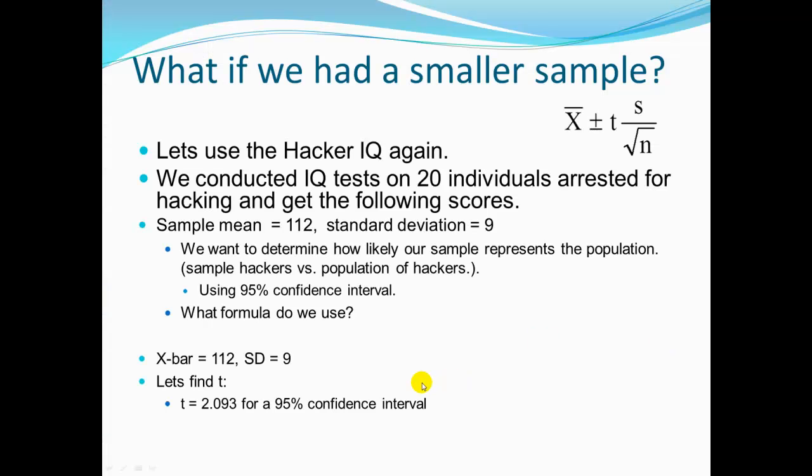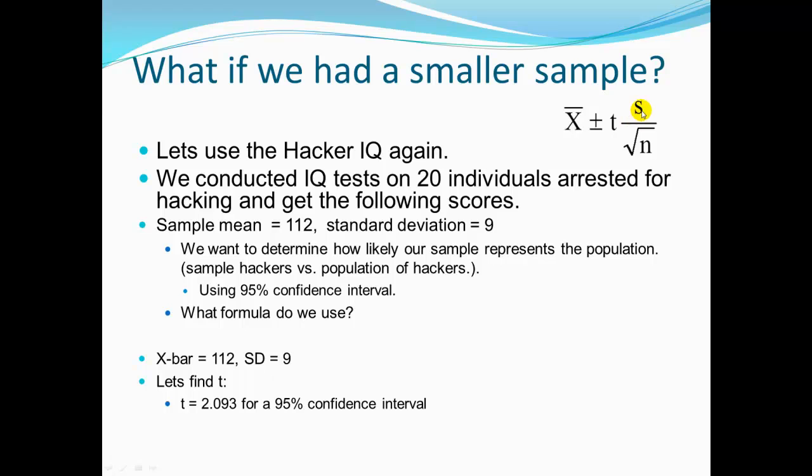So now we can just plug everything into our formula once again. The first thing we want to do is get our square root here, which would be 4.46, I believe.